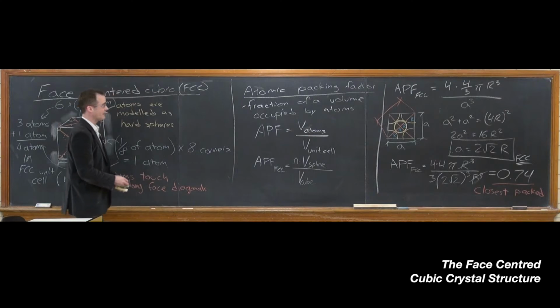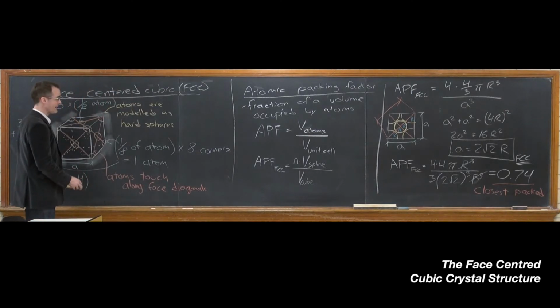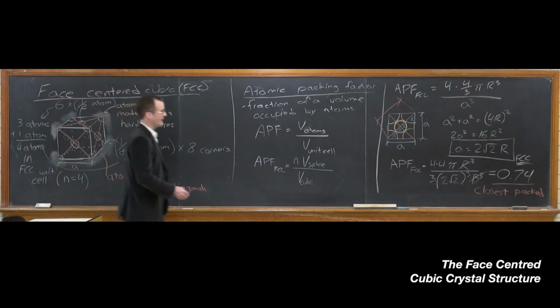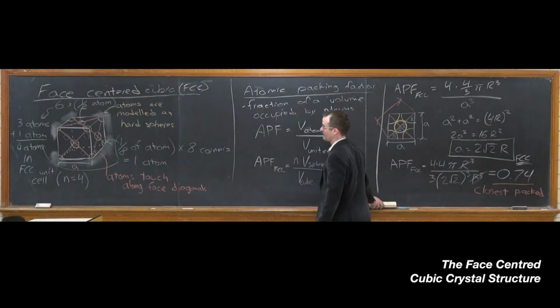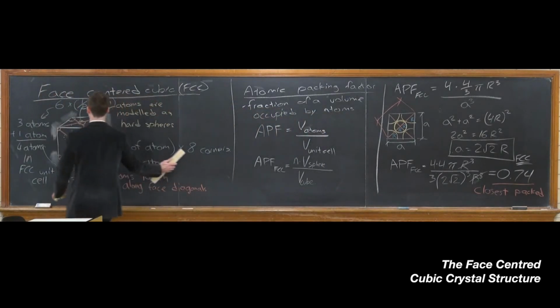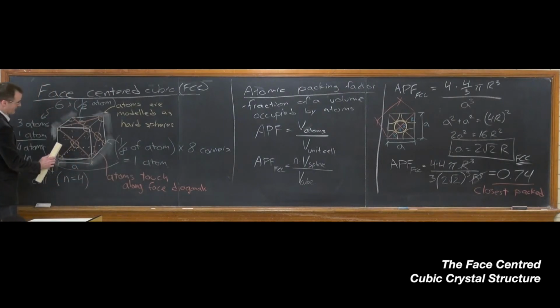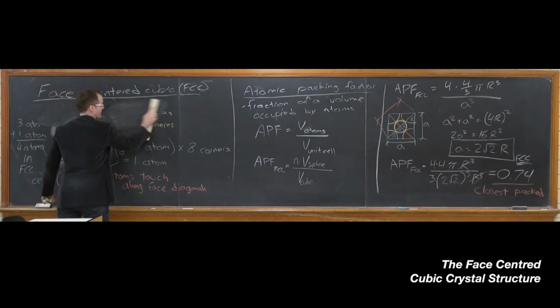So the last thing I can talk about with FCC is the coordination number. And I'm going to have to clear a little bit of board space to do that. So perhaps what I'll do is I'll just redraw my unit cell here, and I'm going to show you the coordination number, and I'll describe what that is as well.